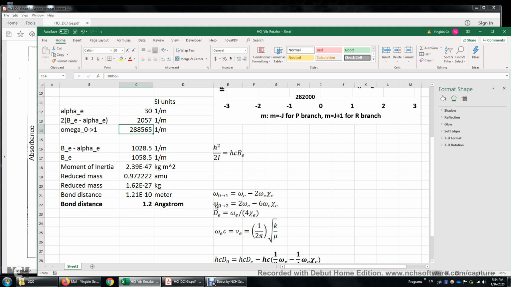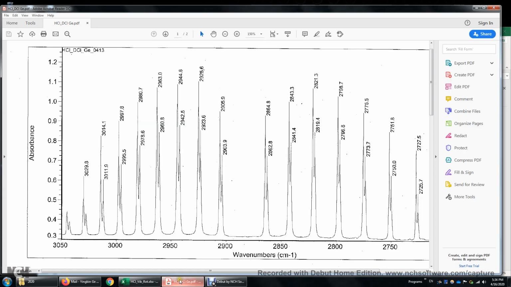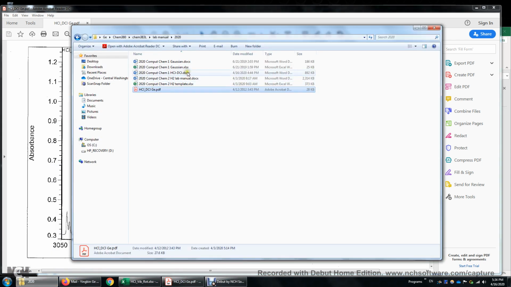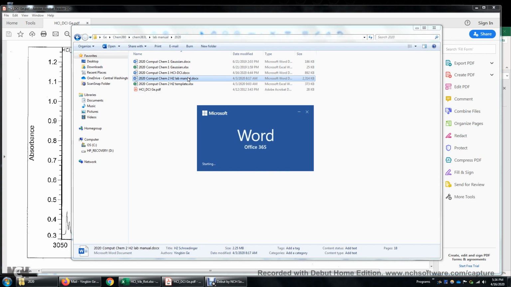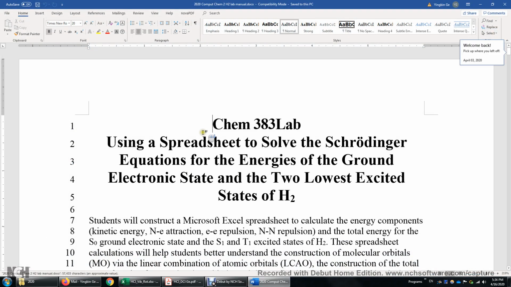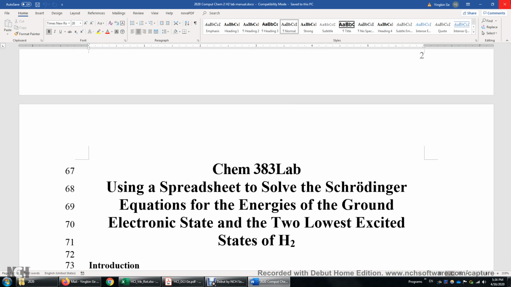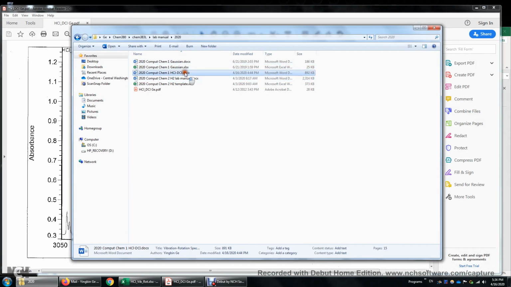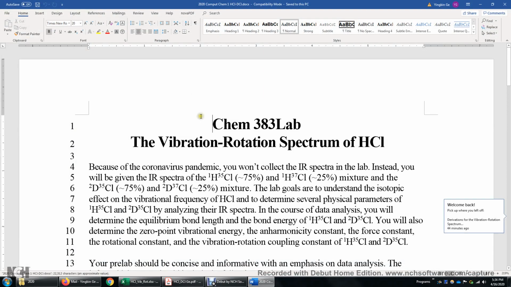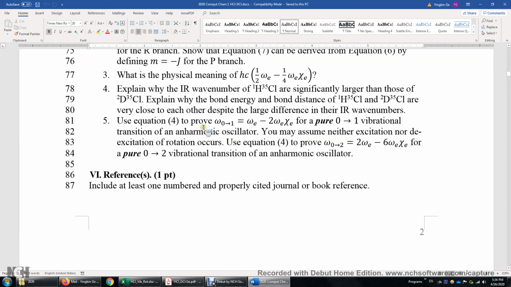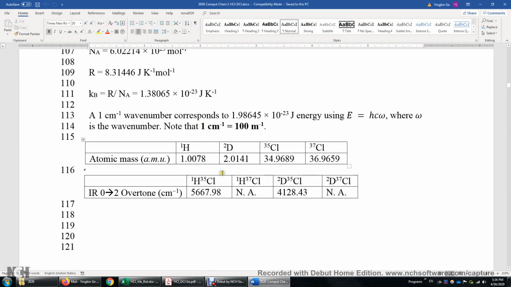Alright, so this omega 0 to 2 is provided to you in the lab manual. So over here, we got the lab manual here. There's a page of physical constants. Right over here.